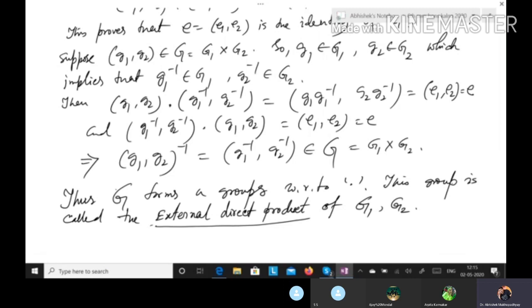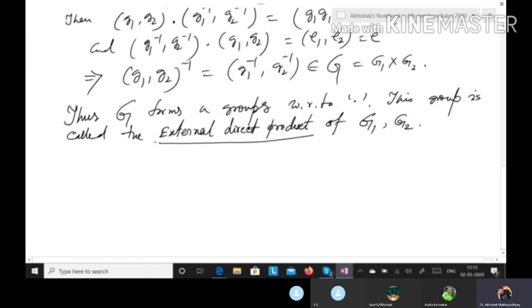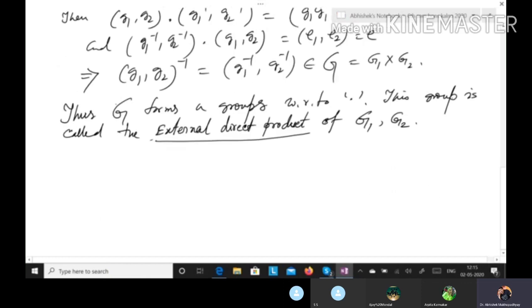So if you have two groups G1 and G2, then you can construct another group from G1 and G2 with the help of their operations. And this is very much easy.